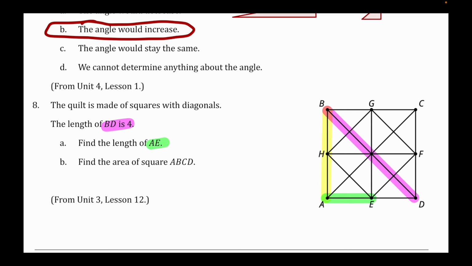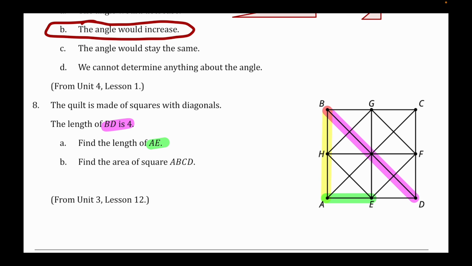So if I have 4, the same idea, I know I can use the pattern. If I have a whole number for my hypotenuse, I can divide it by 2 and then multiply it with the square root of 2. But I can also just use the Pythagorean theorem, because if you remember, we had a question like this on the homework before. This is from Unit 3, Lesson 12. They were just expecting you to use the Pythagorean theorem.